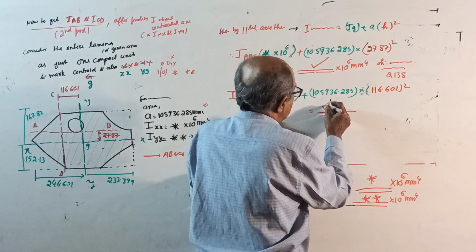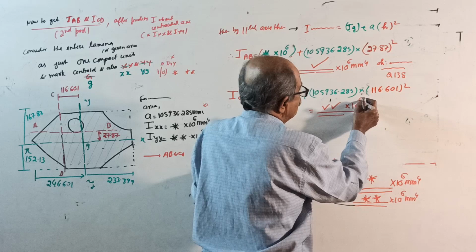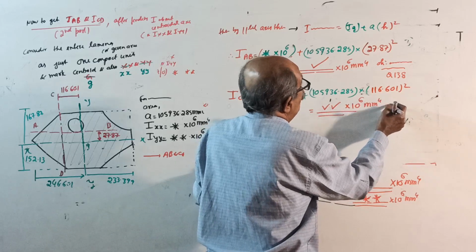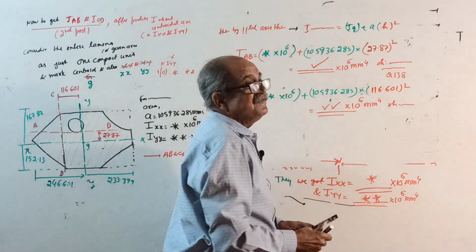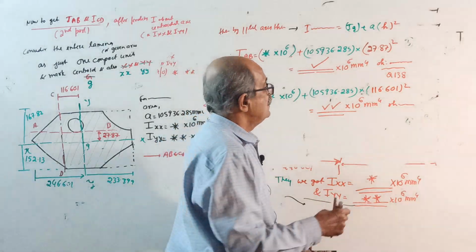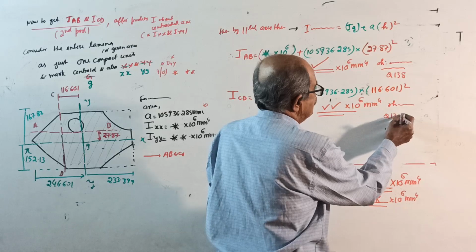Calculate. Double right into 10 to the power 6 millimeter power 4. Oh, this is the same answer we got today in question number 138.